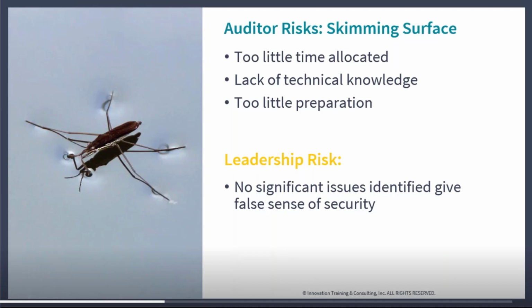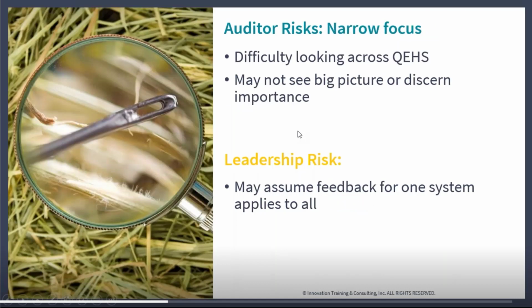Well, they have findings, but they're not really significant, which gives the leadership a really false sense of security that everything looks really good. If you have the needle in the haystack auditor with a narrow focus, they're going to be less likely to look across the systems and see the connections. They're going to be focused on, like, are we following this procedure, and are we sticking with the details here, right?